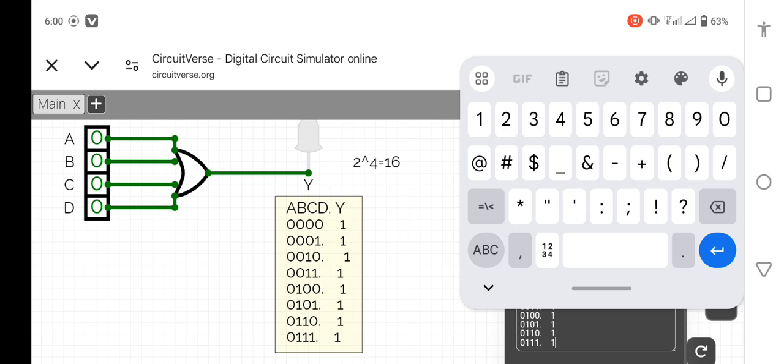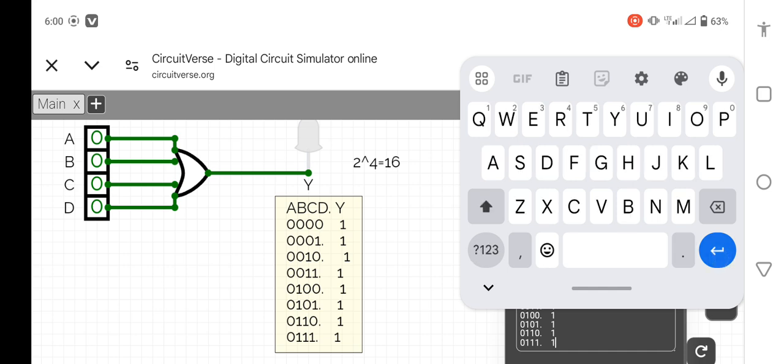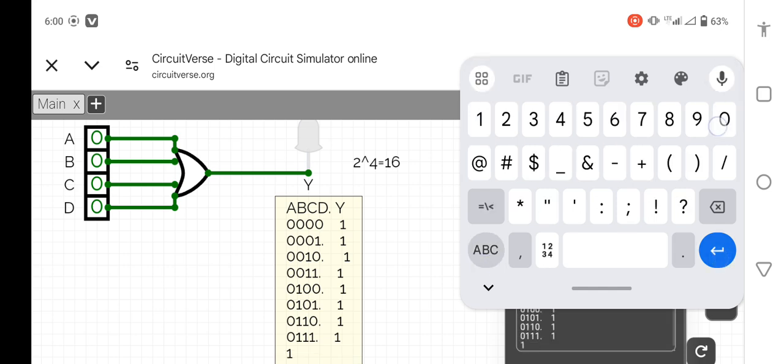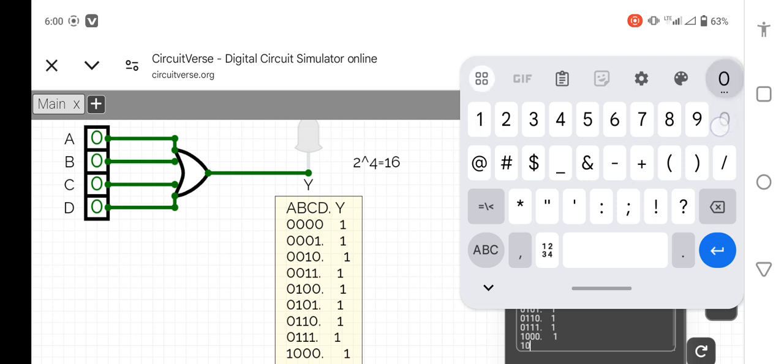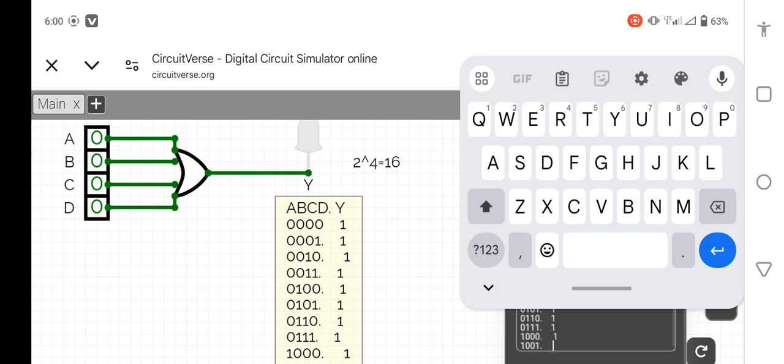For the ninth input we have 1000. So the output is 1. For the 10th input we have 1001. Then the output is also 1.